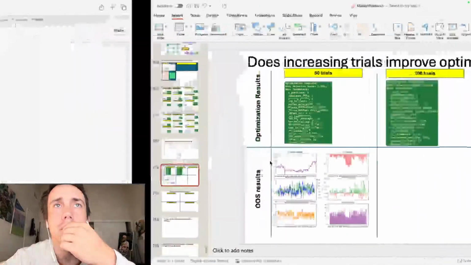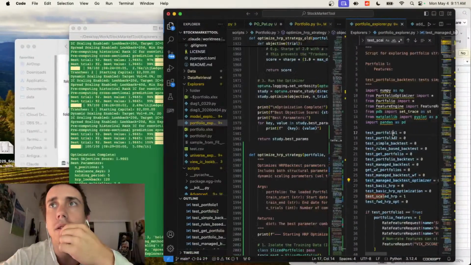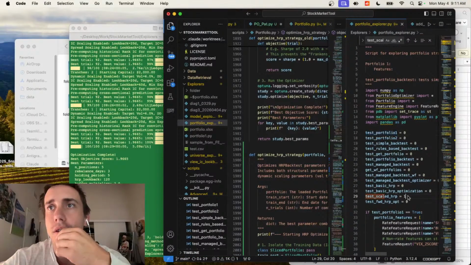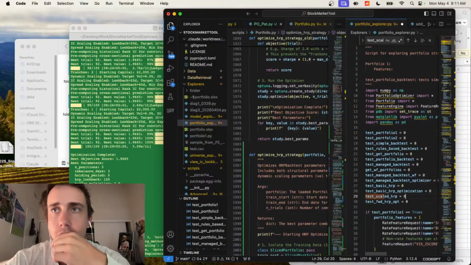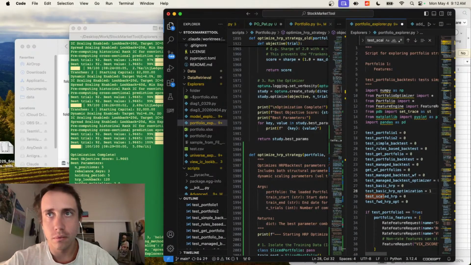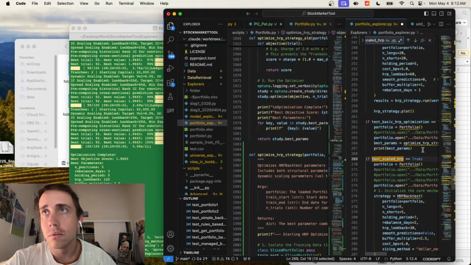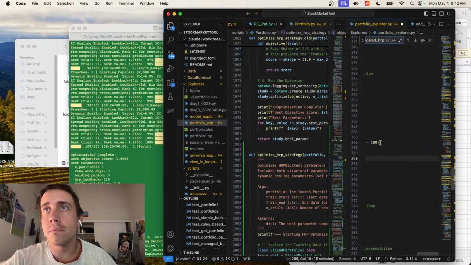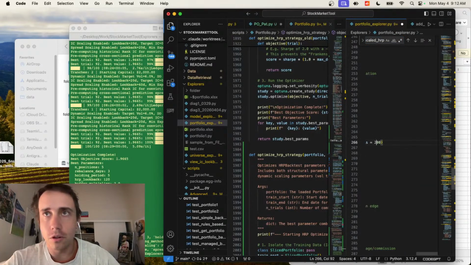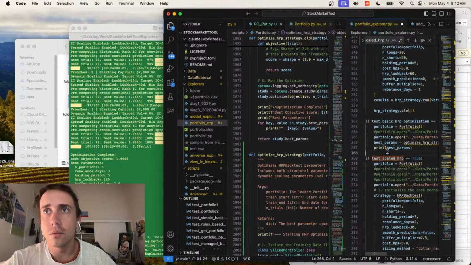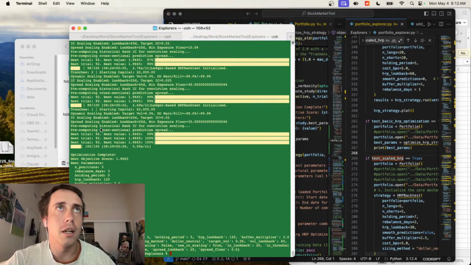So let's turn the optimization back on. Now let's do 200 trials. See, do we get better parameters with that?